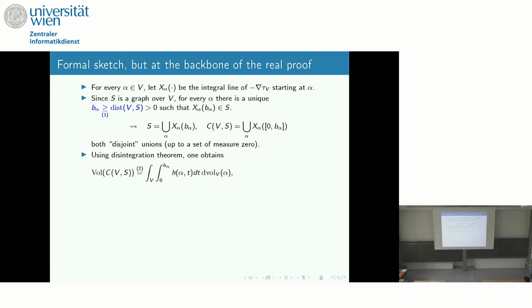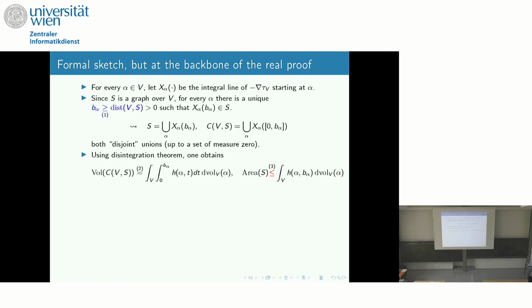So the volume of this region between V and S can be written as an integral first on V, and then second an integral on this one-dimensional segment x alpha, and now with some weight, since you don't have a straight integration.